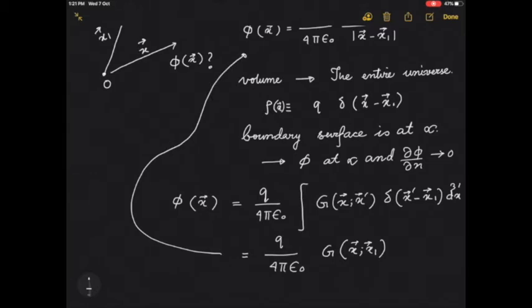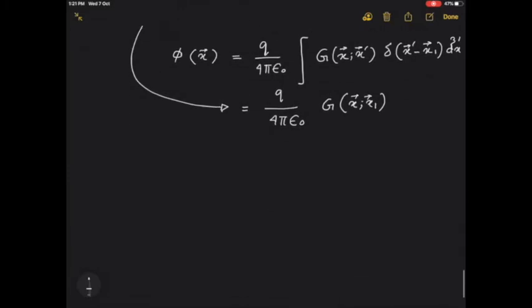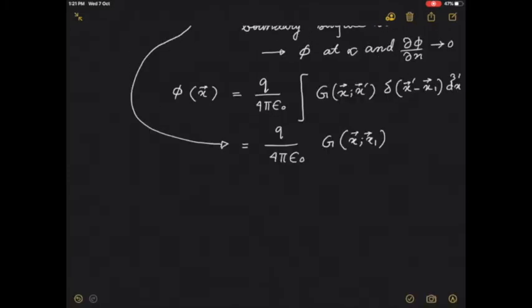Now this should match with that if the Green's function method is to work. This is just using the example and our knowledge of the field of a point charge. We can write this statement.